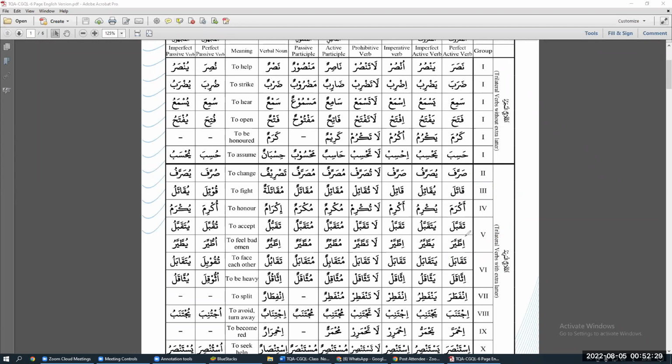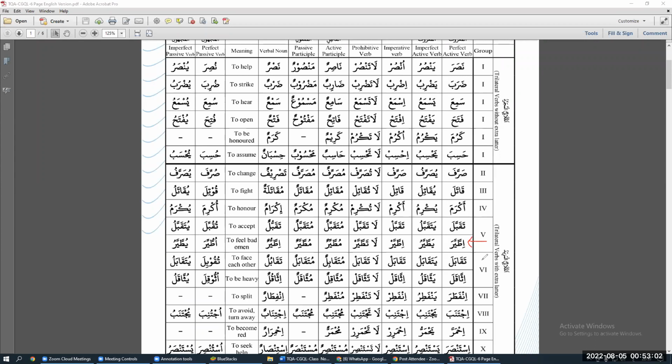We explain this. In some of the verbs, this ta is omitted. In form 5, instead, this is made double. Once you make it double, you cannot read unless you bring something like this, correct? Yes, Ustad. So, this is how another type of form 5 is made. Is the making of this form clear?